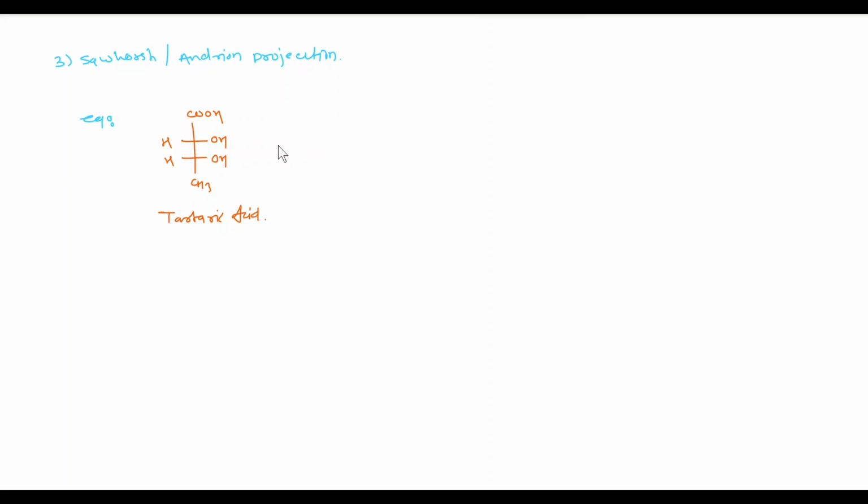For conversion of this Fischer projection formula into the Sawhorse formula, we have to keep certain rules in our mind. The first rule: the carbon-carbon chain of a molecule we have to write diagonally. Observe this molecule in this direction.